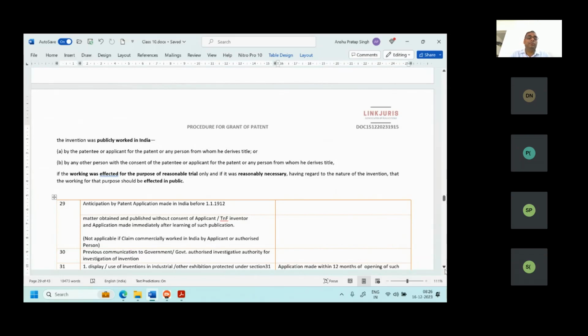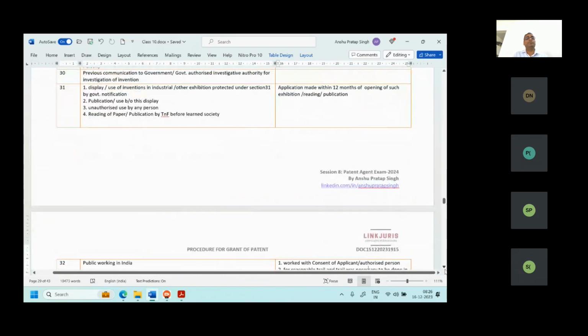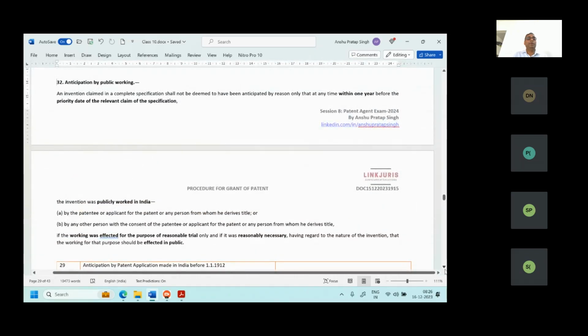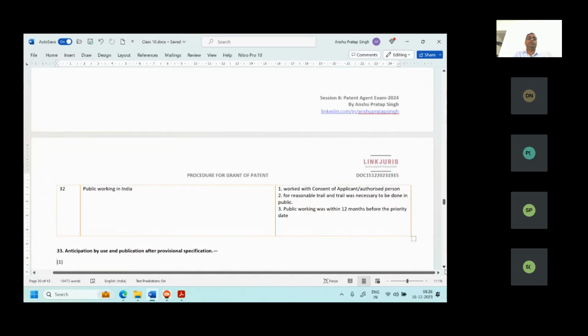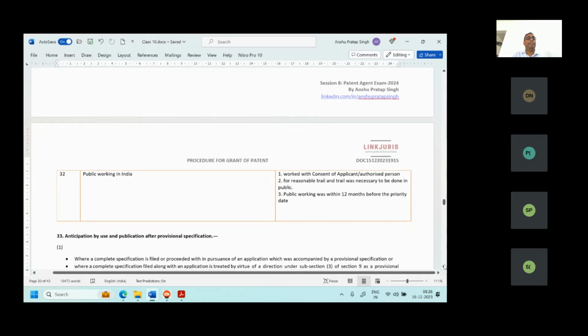If this is not there, you will not get the protection of this clause. So I have just given you a gist of the same: the work with the consent, reasonable trial and the trial was necessary. Public working was within 12 months before the priority date.